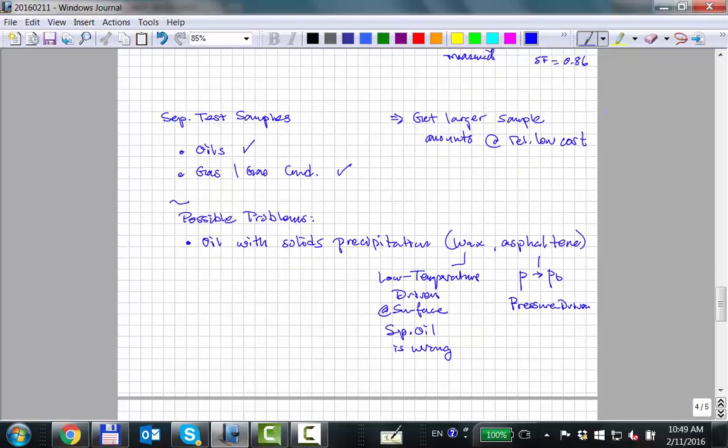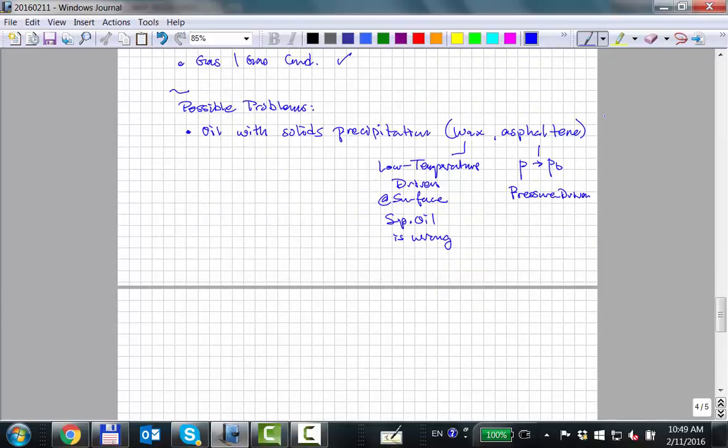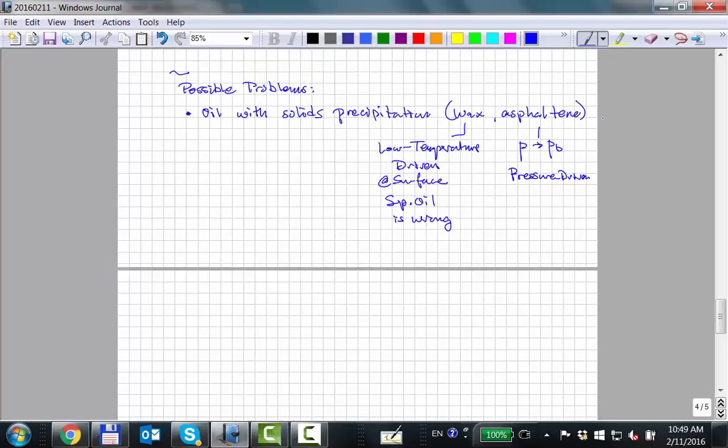Yeah, so the question is whether we should have a second item on our possible problems. I guess I can put it there. It is that the flowing bottom hole pressure drops below the saturation pressure of the in situ fluid. Okay? What happens?